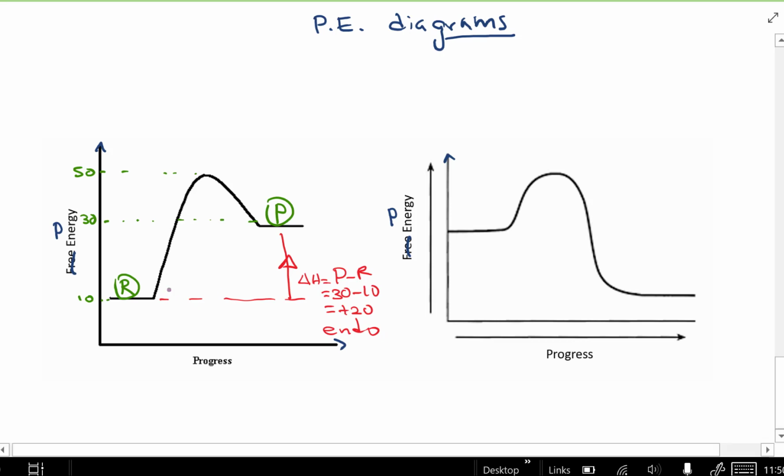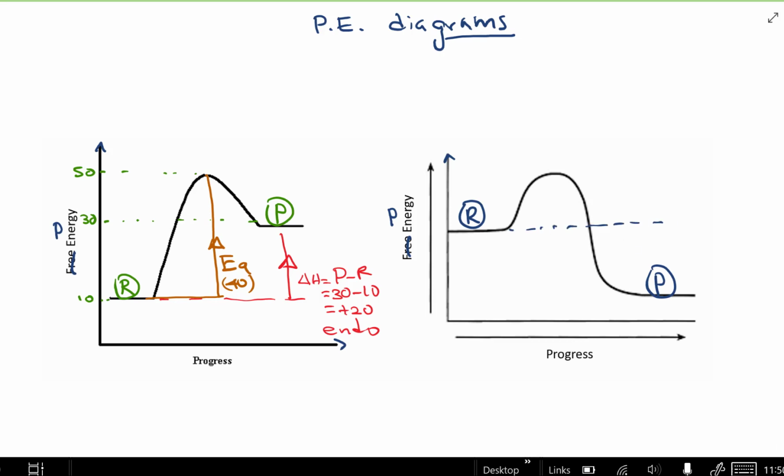That is endo, you're including the heat. So that's endothermic, right? And from the reactant to the hilltop, I call it the hilltop, the top of the bump, it's called the activation energy, or simply energy of activation. Right? Now let's look at the other type. The reactants are higher and the products are lower.